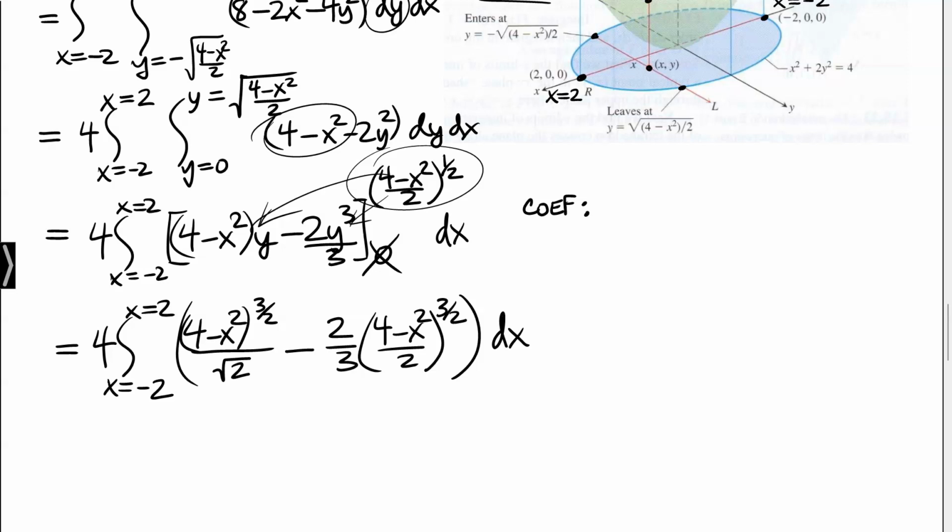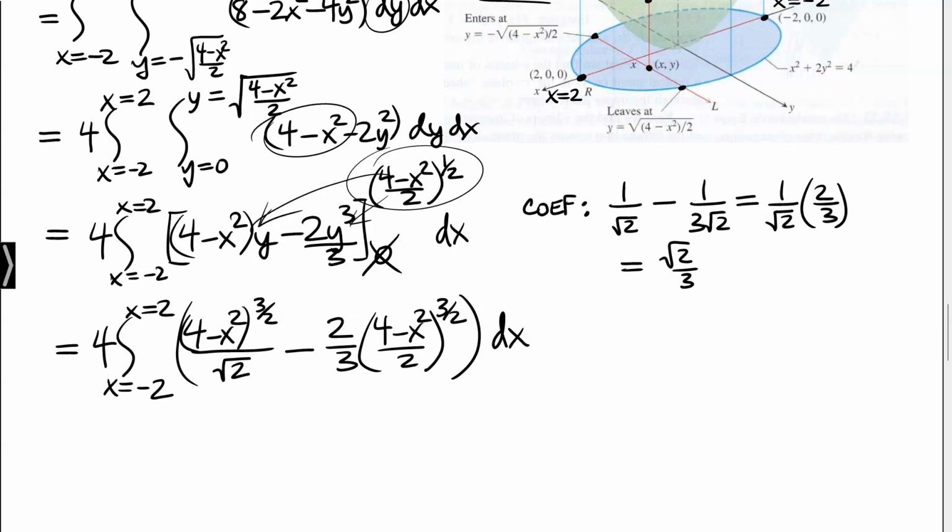It's 1 over root 2 minus, let's see, we've got a 3 on the bottom, and then we have 2 over 2 to the 3/2. So overall that's a square root 2 in the denominator. So 1 over 3 root 2. Okay, that's not that bad, because if you factor out 1 over root 2, it's just 1 minus 1/3, which is 2/3. So we end up getting root 2 over 3.